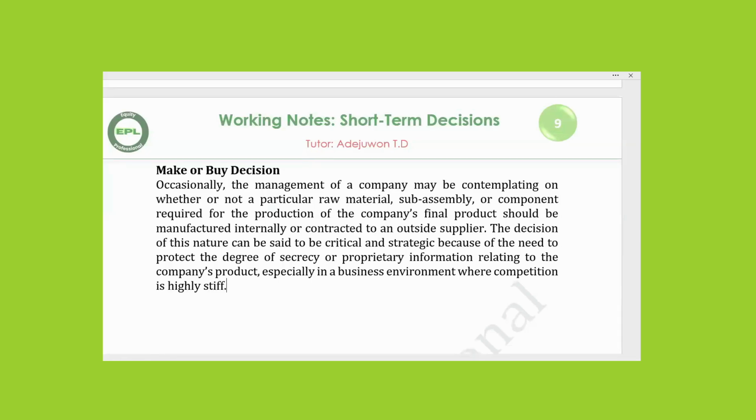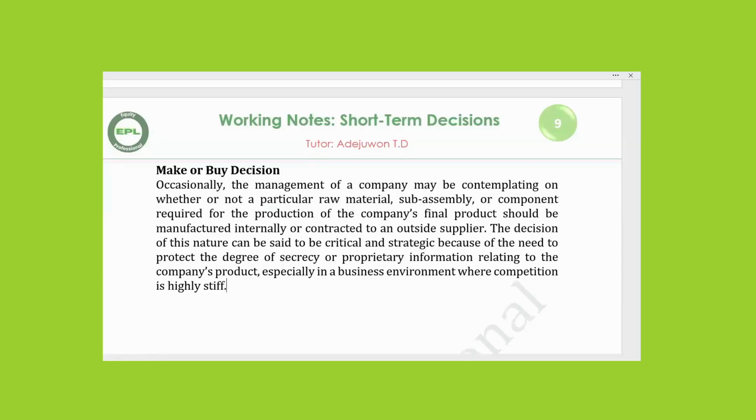Because every product is unique. What makes the product unique is the degree of secrecy that the owner has embedded in it. That's what makes the product different from others in the market. If you have more than one seller in that industry, that means you have competitors.